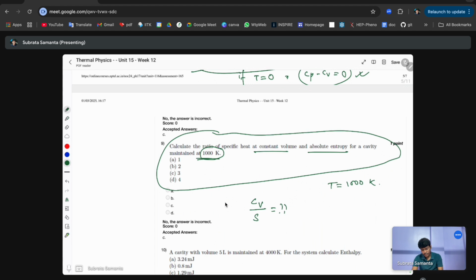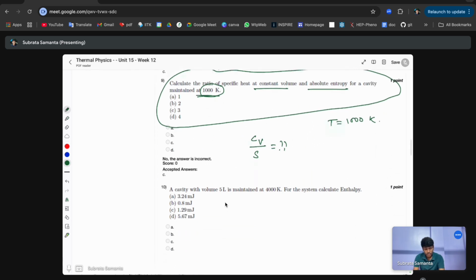How to compute this? In the previous class we have discussed this, right? What is the Cv for black body radiation?